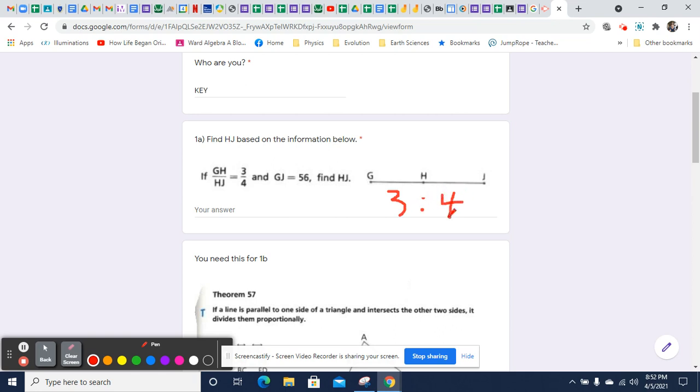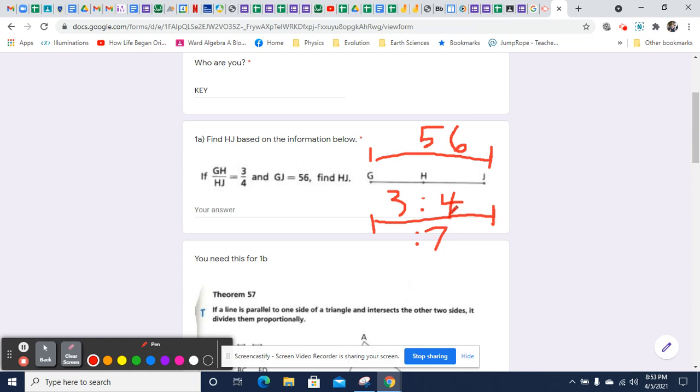Now, we don't know what either of these are, but we do know that this whole length here is 56, which is what's going to give us the key. Because if we put this proportion together, we actually know that this is 3 to 4 to 7 for the whole. So we can use the whole for this.